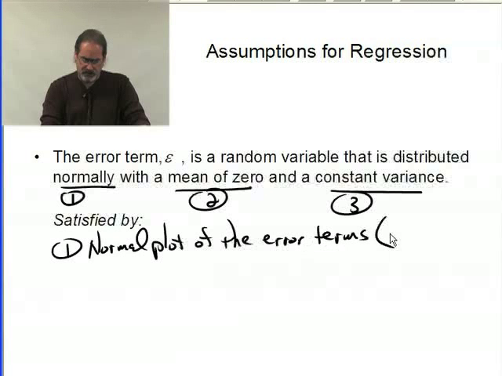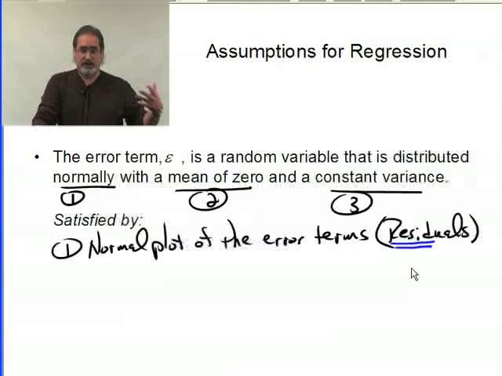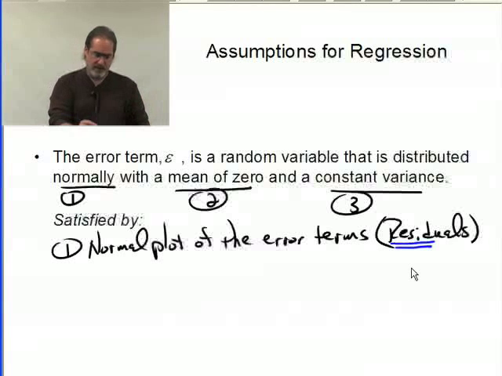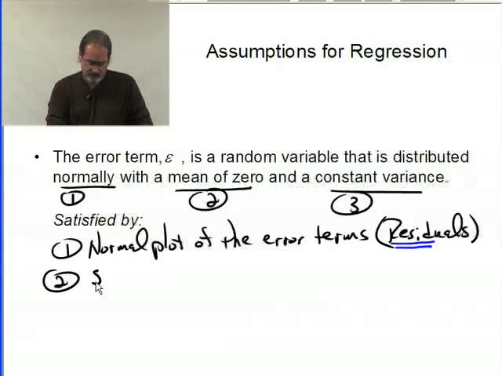And these error terms are also referred to as residuals. That's important because your calculator will actually calculate the residuals and save them in a list for you that it calls resid. So all we've got to do is a normal plot just like we do any other normal plot, but specifically look at the residuals. Are the residuals reasonably normal or not? All right, the next one, a mean of 0. That's a done deal. This is satisfied.